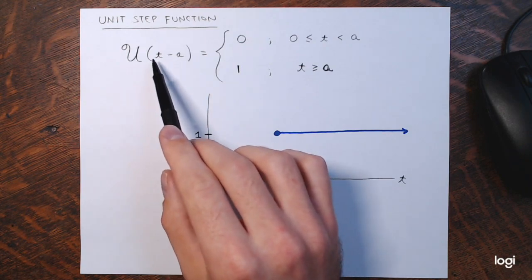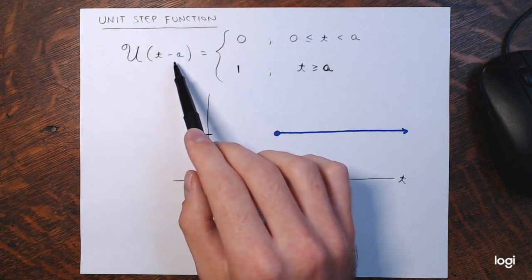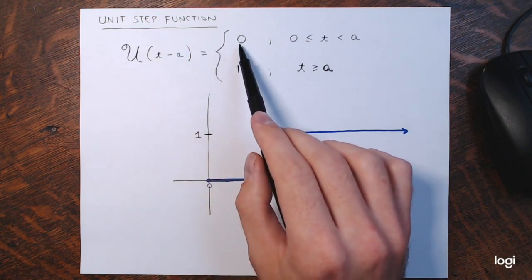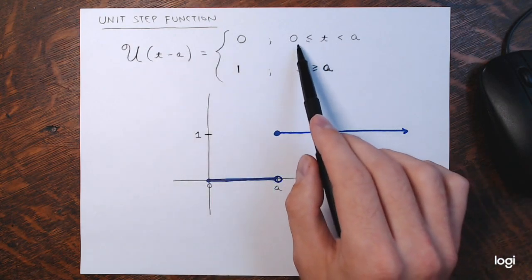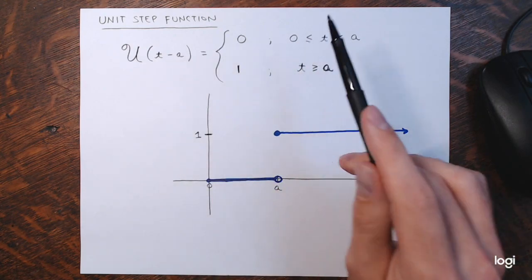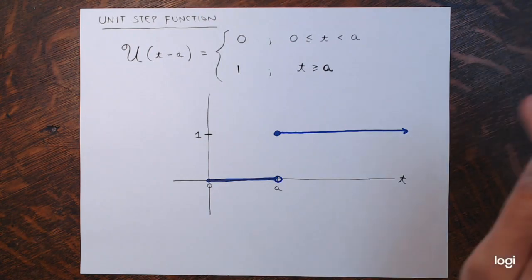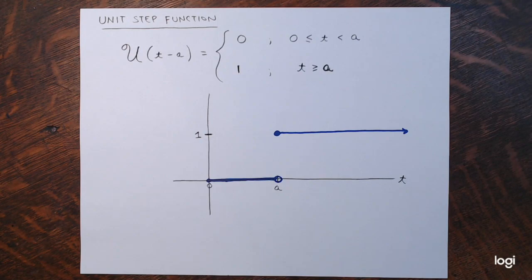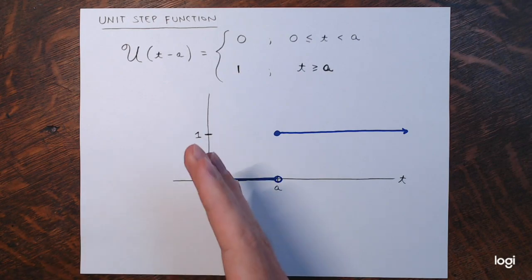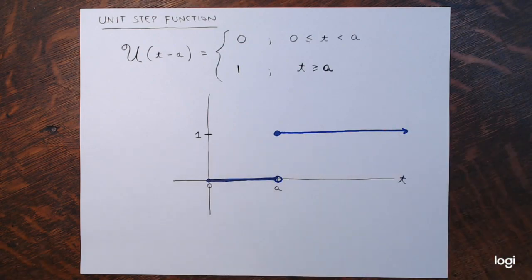Well, this u of t minus a is equal to 0 whenever t is less than a, greater than or equal to 0 as well. Some books extend this to just when t is less than a, but since we're going to be talking about Laplace transforms, we only require that the function be defined for values of t 0 or greater.